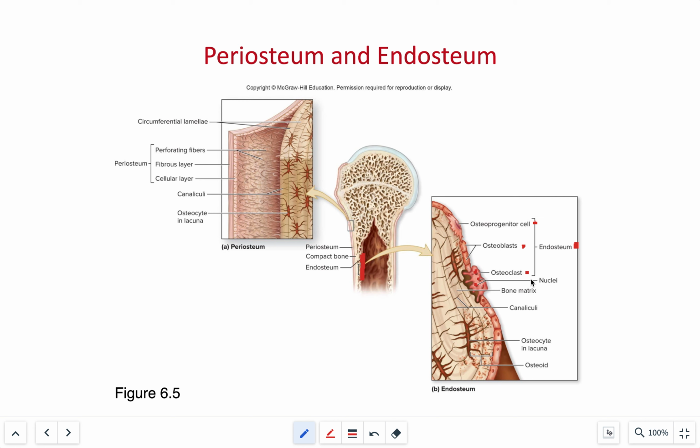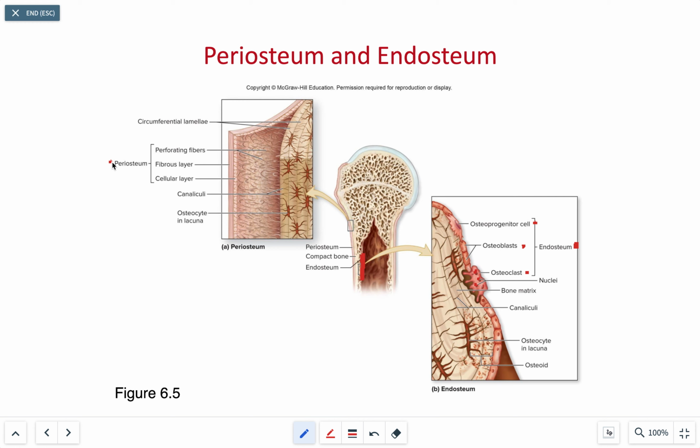This cell goes through a process of osteolysis, which is basically releasing acids and protein digesting enzymes that help dissolve the matrix and release essential minerals such as calcium into the blood system. They're very important in regulating calcium and phosphate, increasing these concentrations in the cardiovascular system.